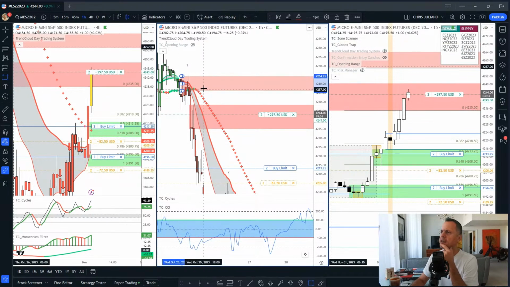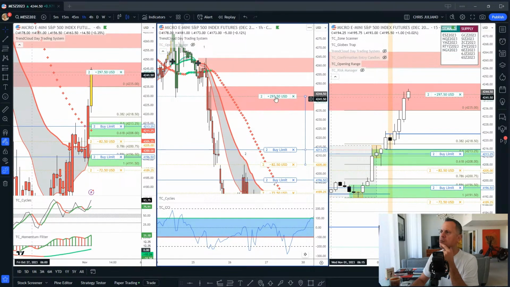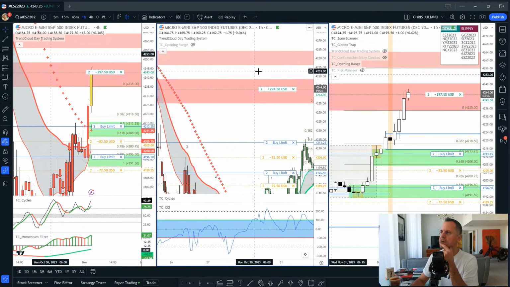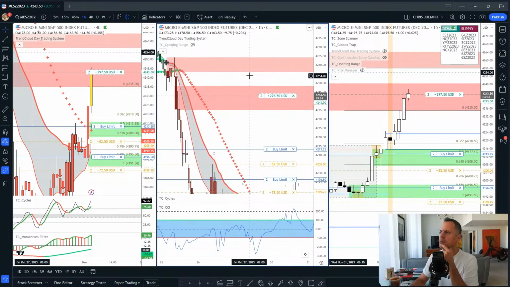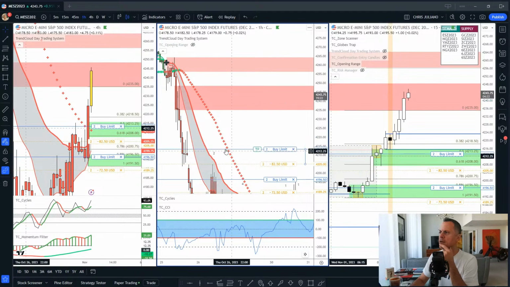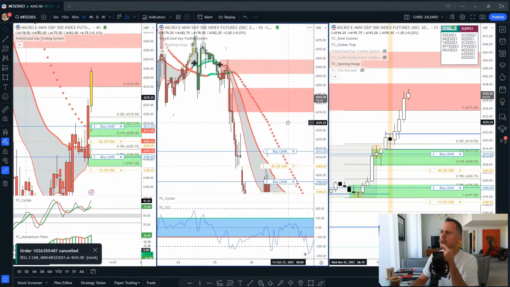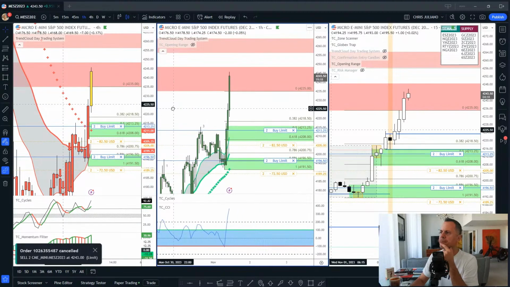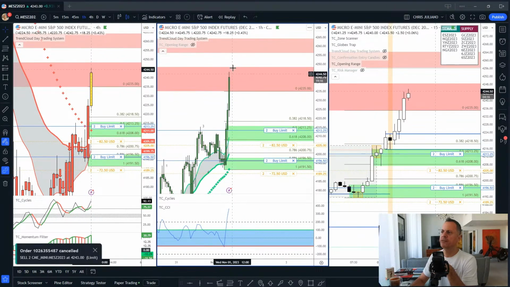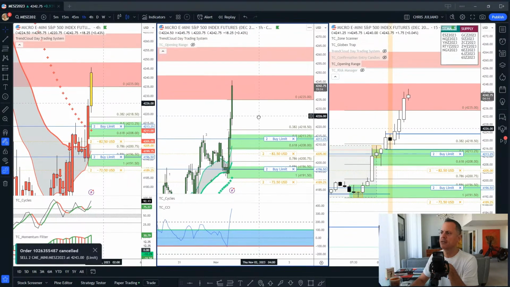This guy here formed. So maybe it rips through here, hits this, and then starts to make a move down, right? Let's get rid of that. That's quite a parabolic movement there. That's just straight up, man.